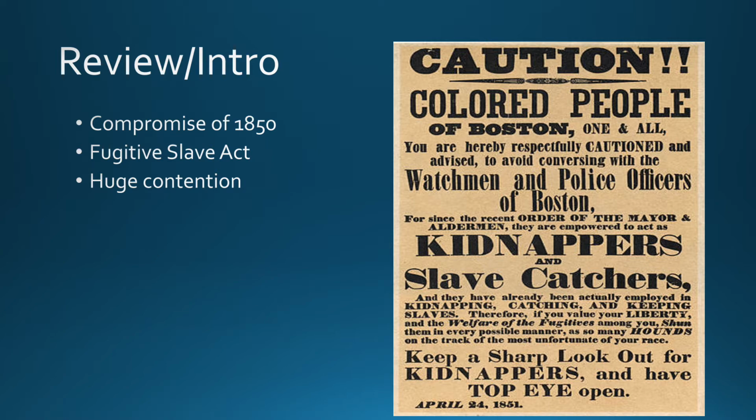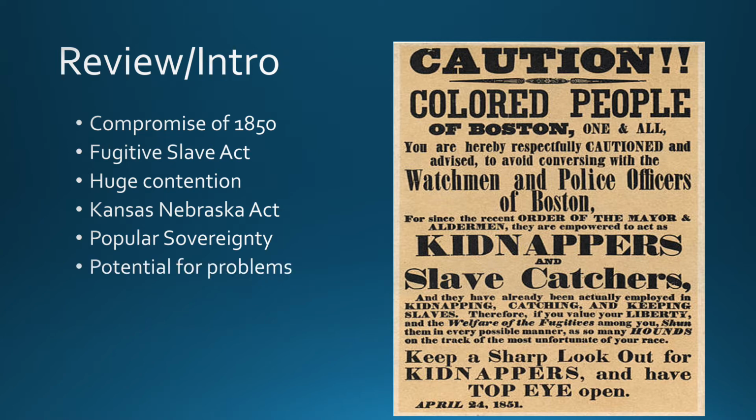But as time continues, that will become even more of basically a Northern disregard for the act, especially after the Kansas-Nebraska Act, which again institutes this idea of popular sovereignty and leaves open the prospect of slavery expansion, which once again is going to be really angering to Northerners.